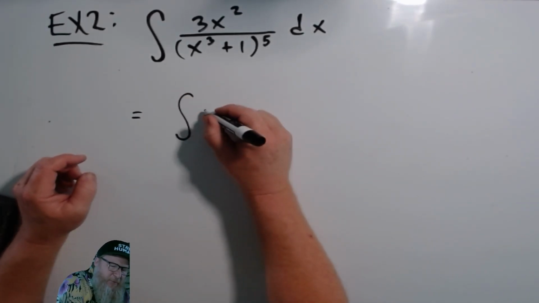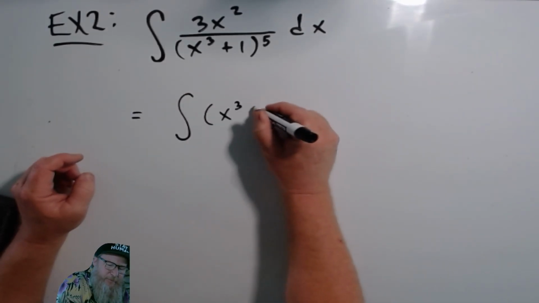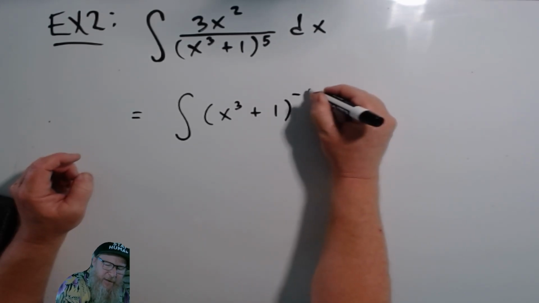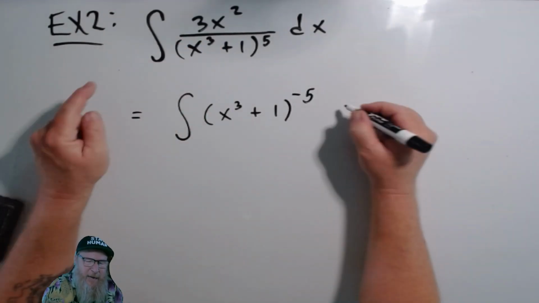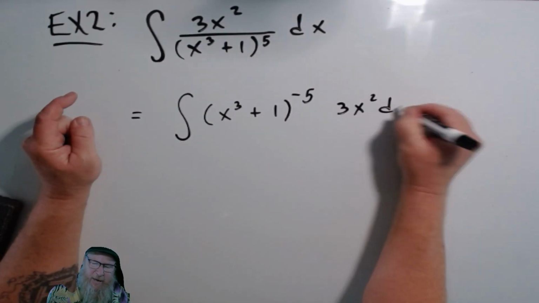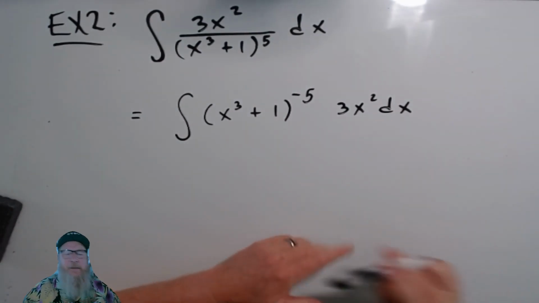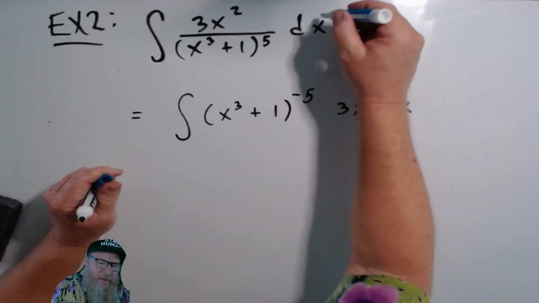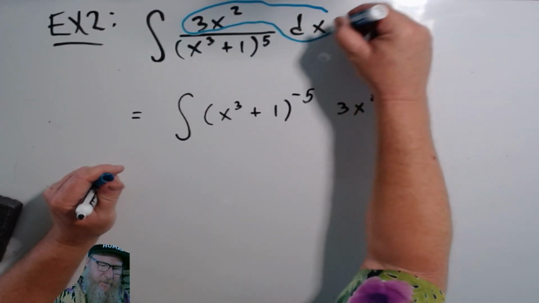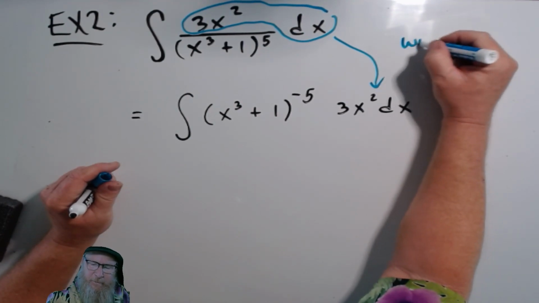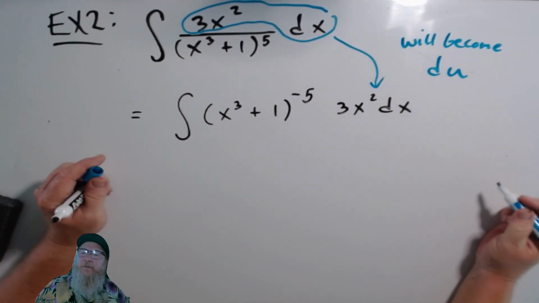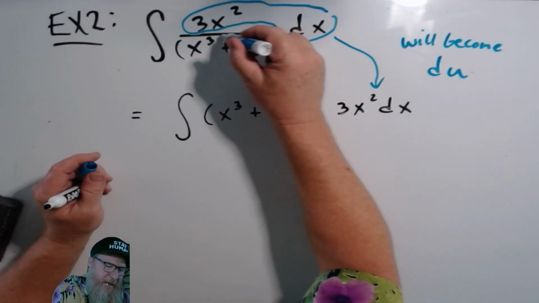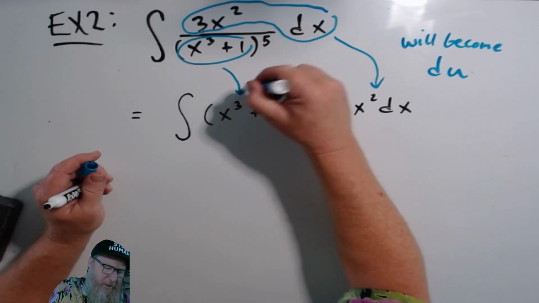So again, I like to rewrite it. I'm going to write the power as a -5 power, and then I'm going to combine together the 3x squared and the dx. That'll become your du. And then the x cubed plus 1 will become u.